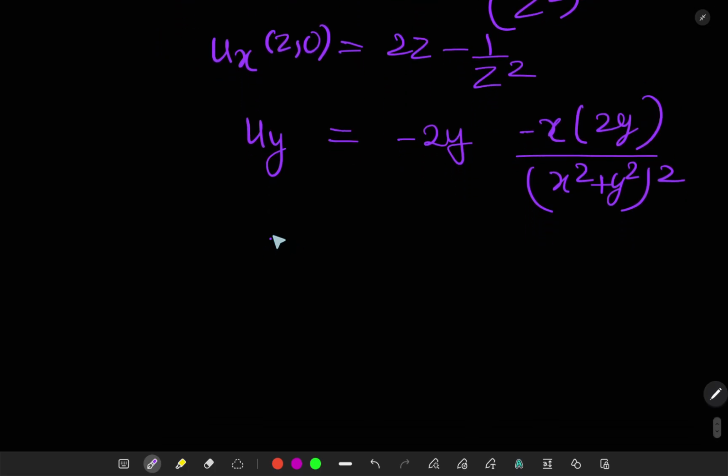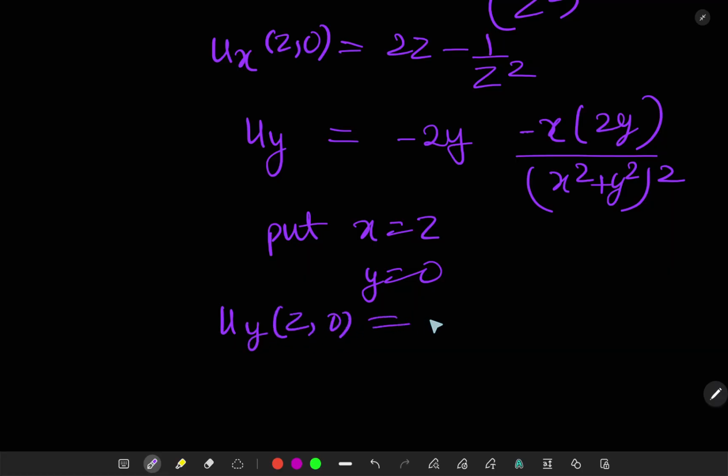Now putting here x equals to z and y equals to 0, so u y at z comma 0 equals to 0.